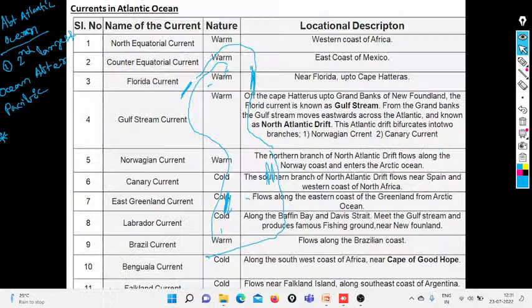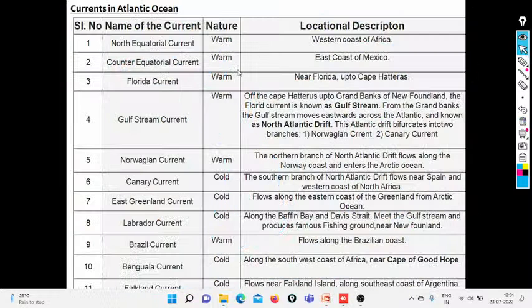Next, the North Equatorial current. By nature it is a warm current. Location description: the western coast of Africa.